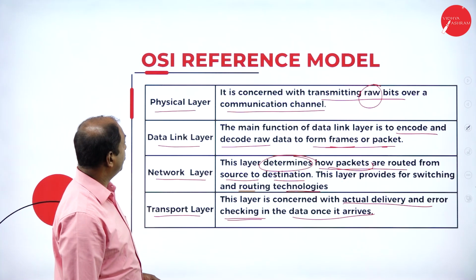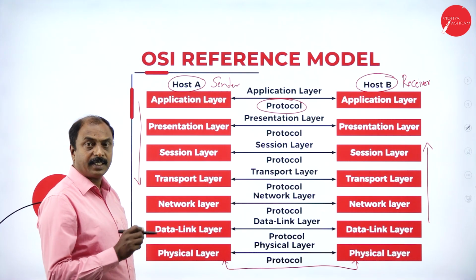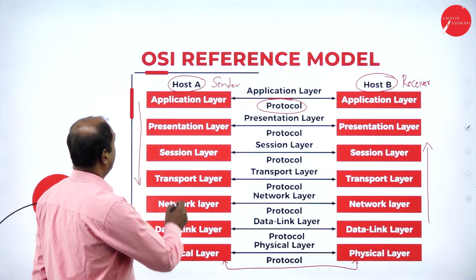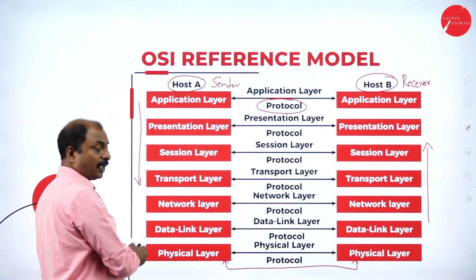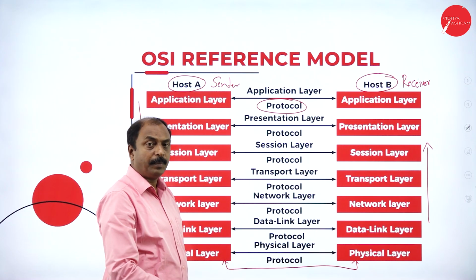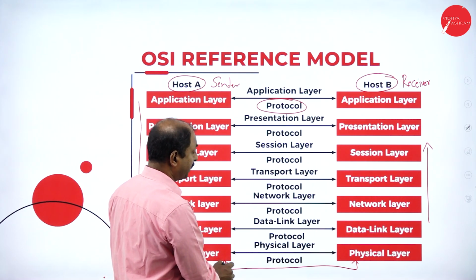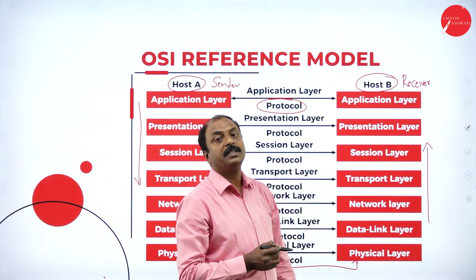In the OSI reference model, a 7-layer model, from the sender end, the host end, the data transmits from the application layer to the physical layer in this order. Through the cable, or the communication medium, data moves from the physical layer to the physical layer of host B, the receiver computer.